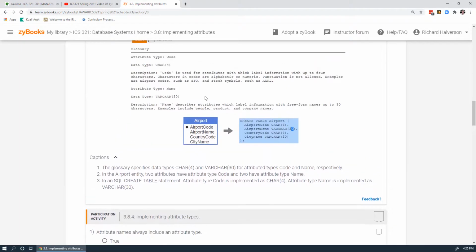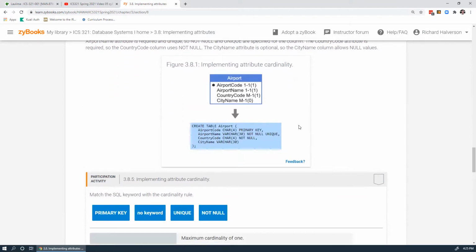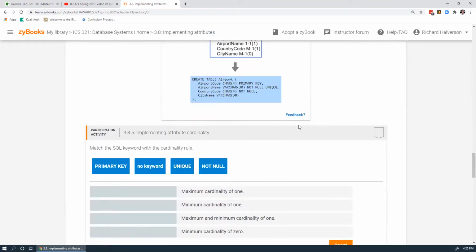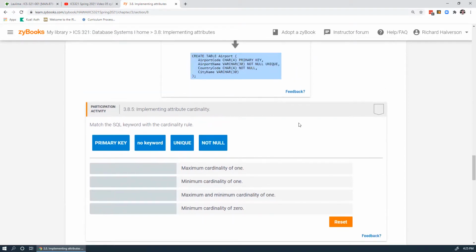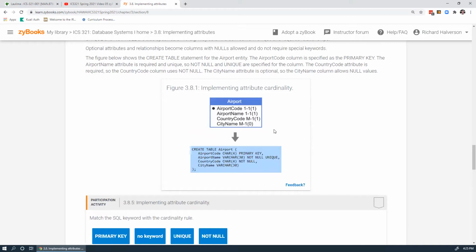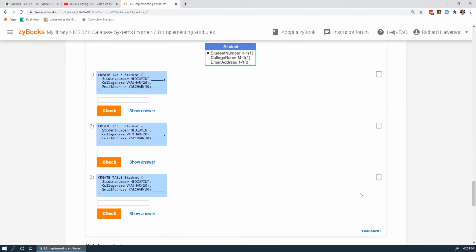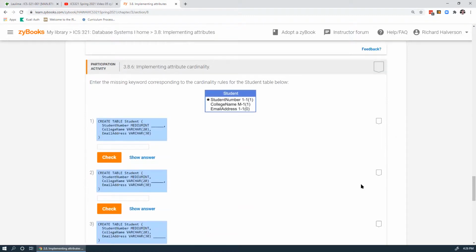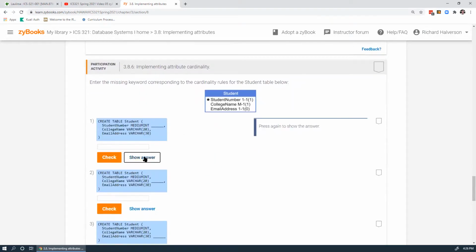It's defining the attributes, defining the storage type, the variable type of the attributes. This is implementing attribute cardinality.